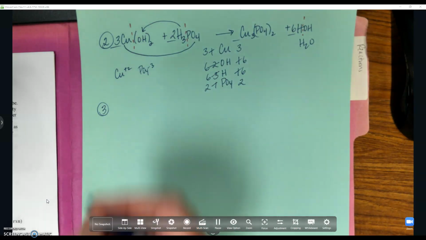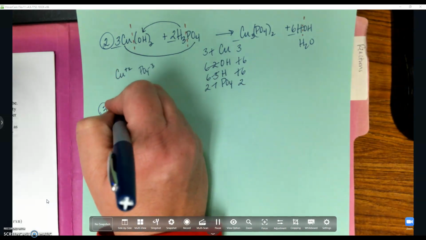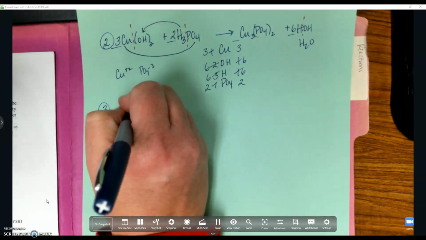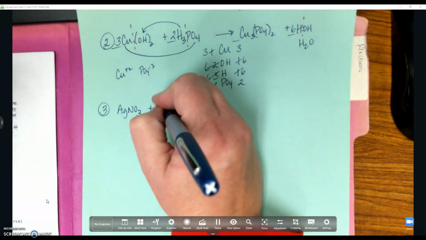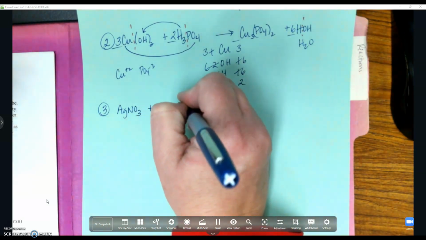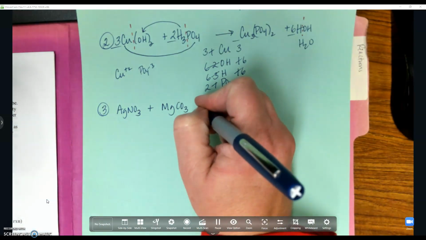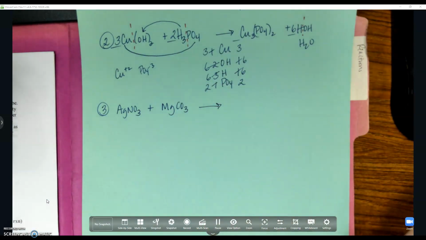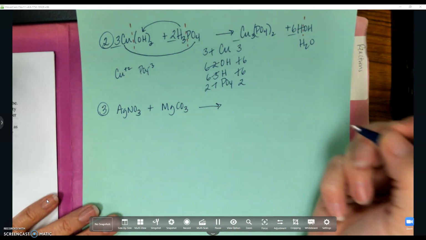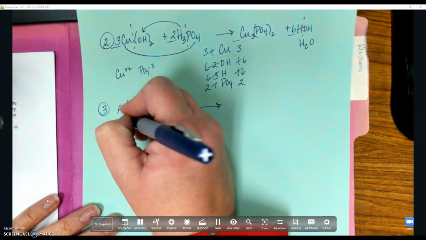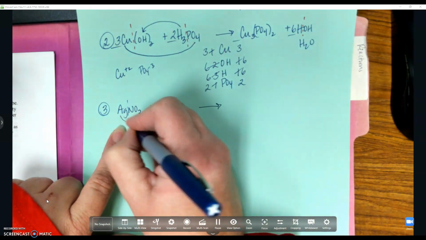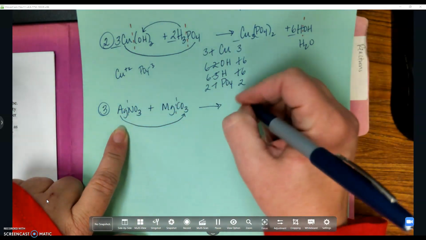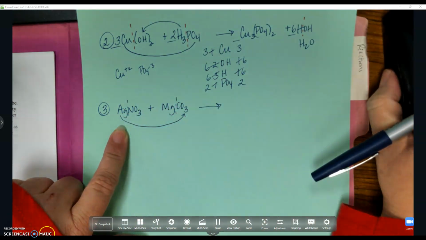Let's do silver nitrate plus magnesium carbonate. Okay. So again, can kind of subdivide your cations and anions, and we're going to have outside bonds with the outside of that one.